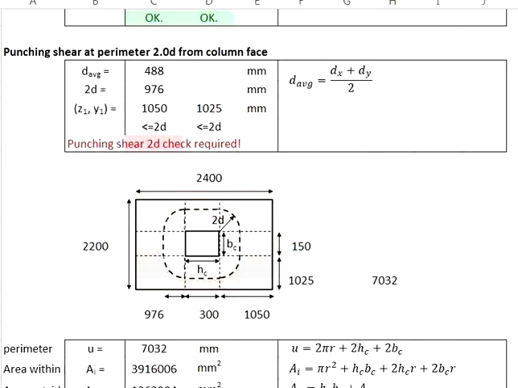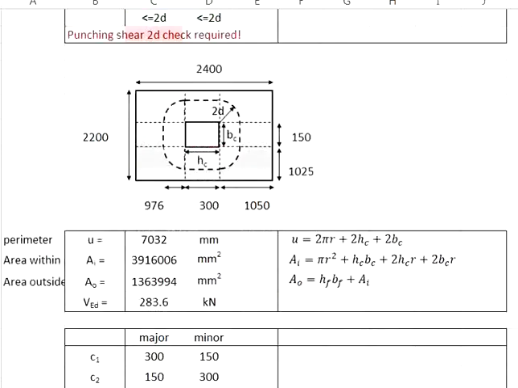As a result, we will need to check the shear resistance in resisting this punching shear at the perimeter of 2d. First, let us talk about the principles of the punching shear.